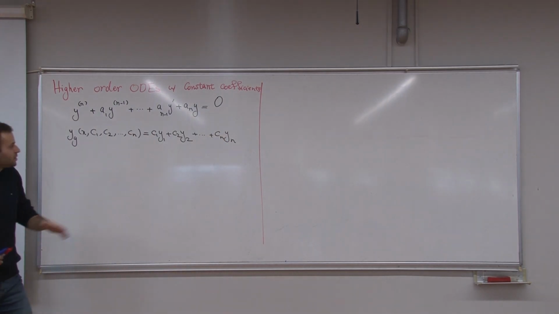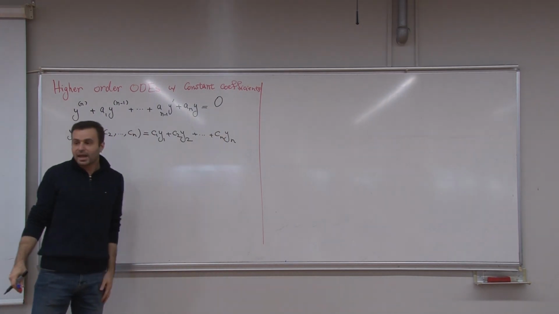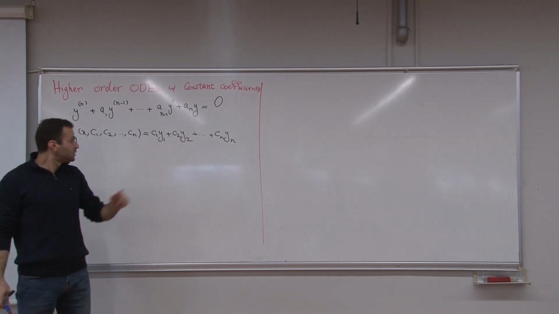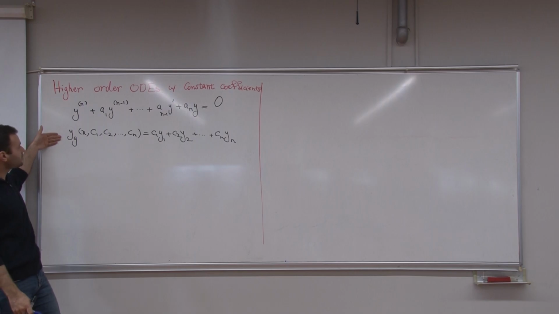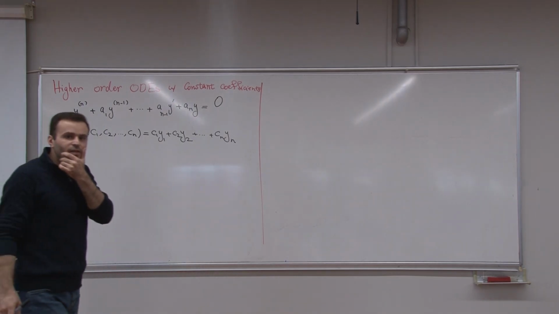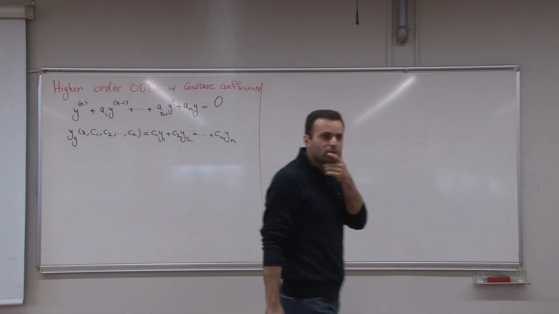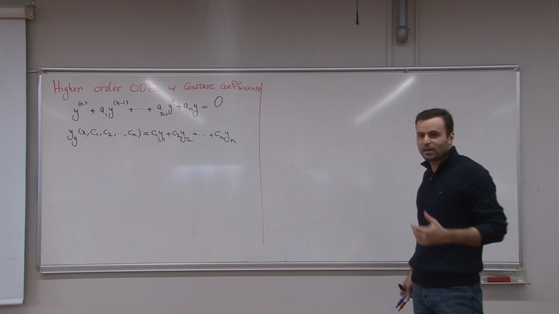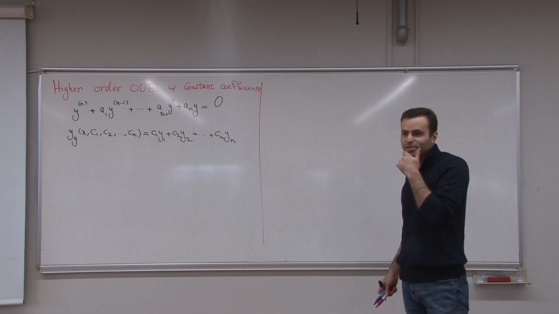Okay? Which means that if we are having n solutions which are linearly independent, then we are going to have our general solution as this. Okay? But how can we define the linear independence of more than two functions? Is it possible to calculate the Wronskian?